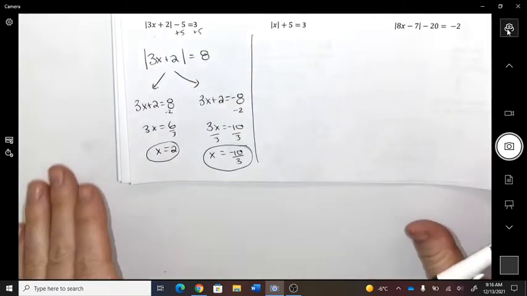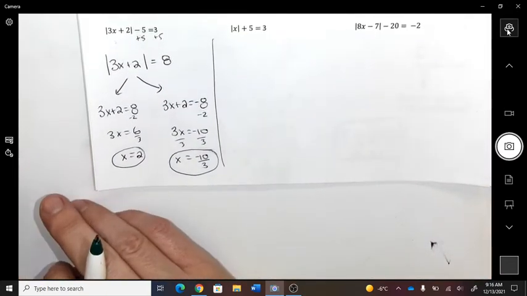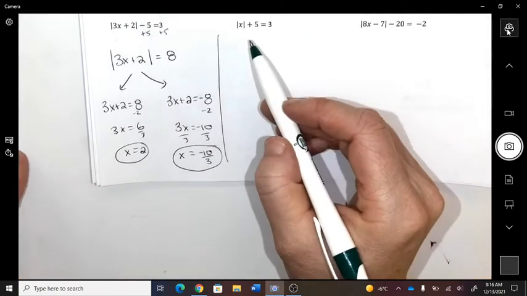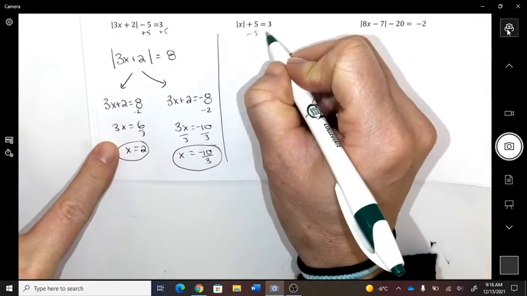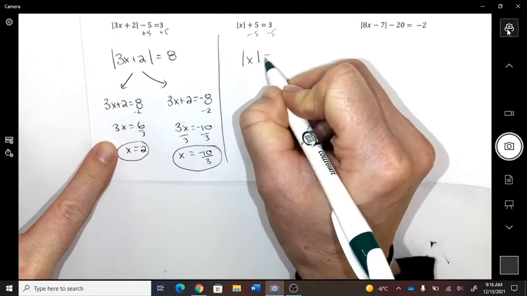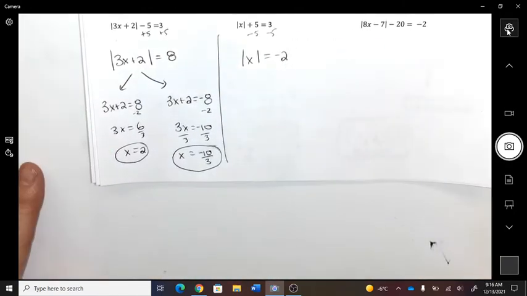Okay, next. So we now know that we're going to have to isolate the absolute value first. So I'm going to have to take away 5. Okay, and now I'm going to stop. I'm not going to split. Because what's happening in this situation is something different now.